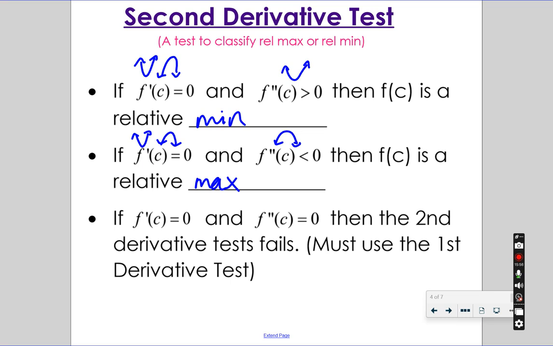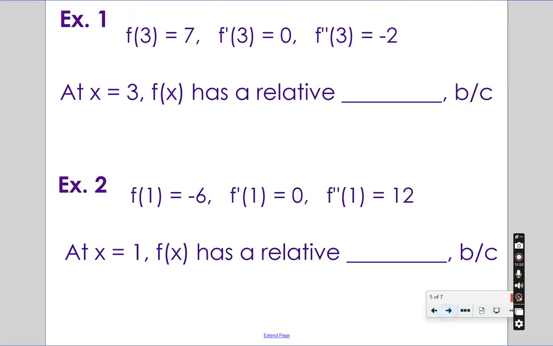Alright, so I got 2 examples of this, and then I'll be done. They're going to give us 3 pieces of information here. We have f of 3 equals 7. That just means the point on the graph is at 3, 7. f prime of 3 equals 0. So if the first derivative is 0, I've narrowed it down to one of these 2 options. If the second derivative is negative 2, what does that mean?